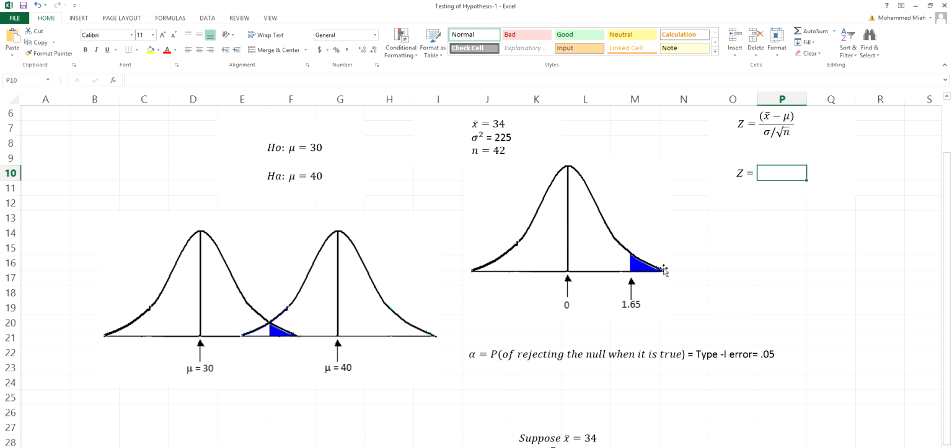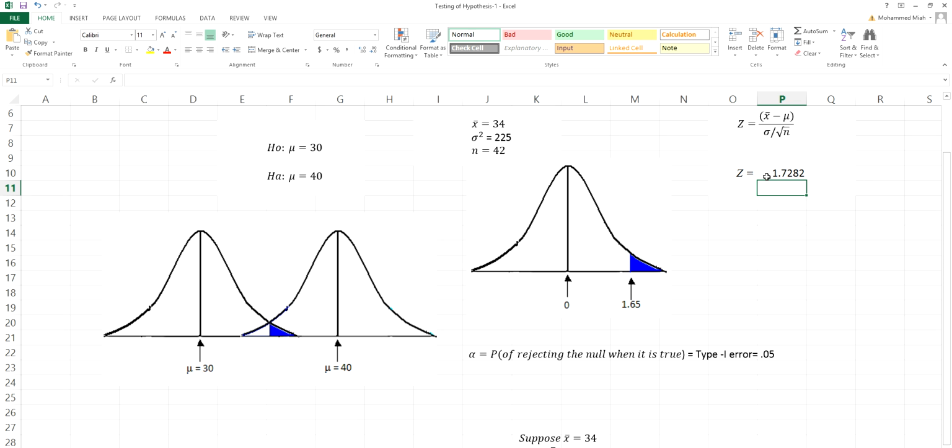Okay, so next step, I'm going to calculate the z value from my sample data and available information to see where that z value falls, on this side or that side. So I'm going to say equal to 34 minus 30, I'm assuming null is true, right? Divided by SQRT of 225 divided by 42.